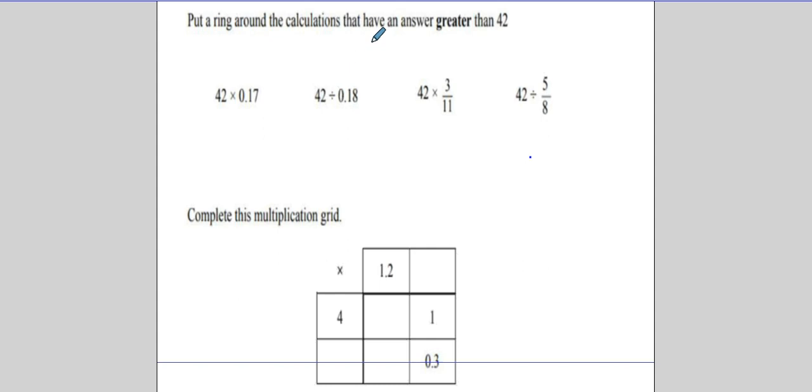Yes, this will give you an answer greater than 42.